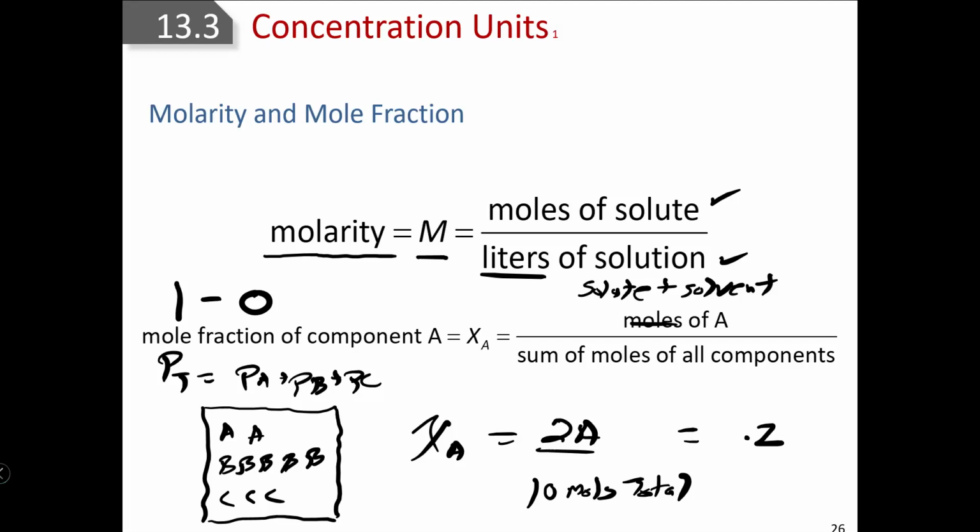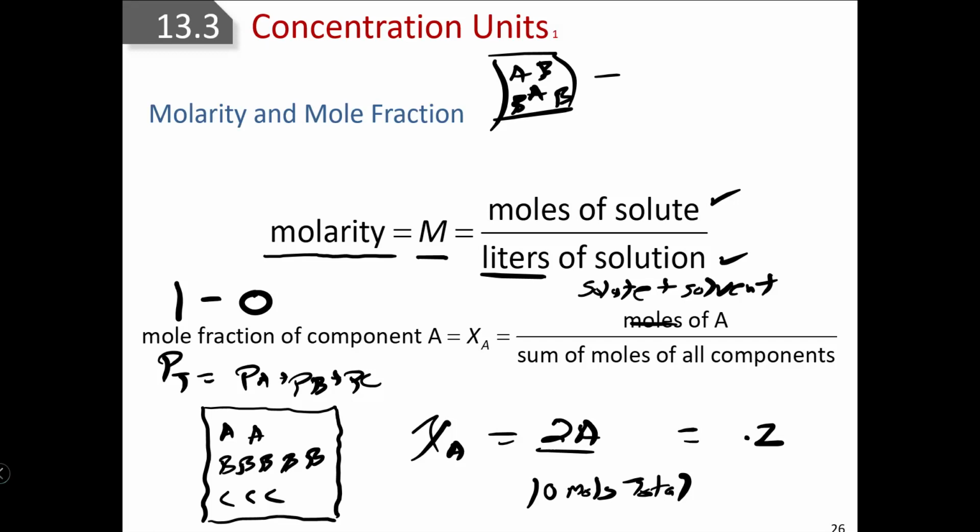So it's important that you know that, because you're going to exploit this. If you only have two substances, let's say, we can do it this way. Okay, so we've got 3 B's and 2 A's.